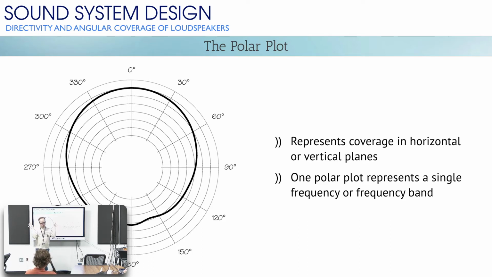Most of the reason that you would pick one loudspeaker over another is not because of its loudness, right? Because that's what we've been talking about so far: how loud is it at this distance? And yes, that's important, but that's usually not why you choose it. It's easy to find a loudspeaker that will get as loud as you want. It's more about which one will disperse the sound the way I want it.